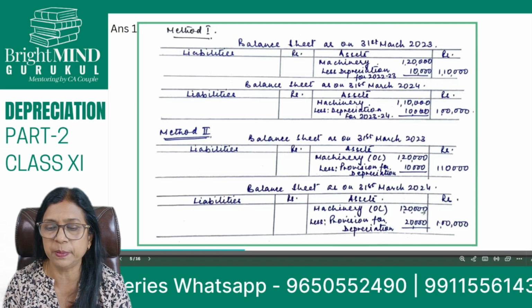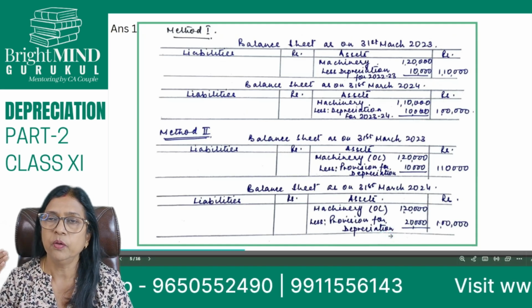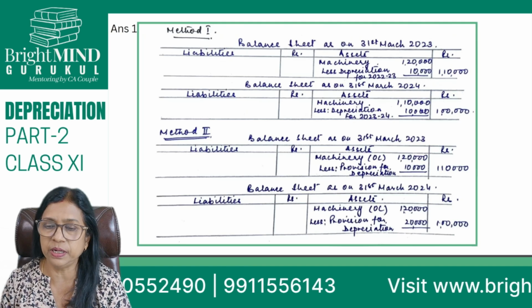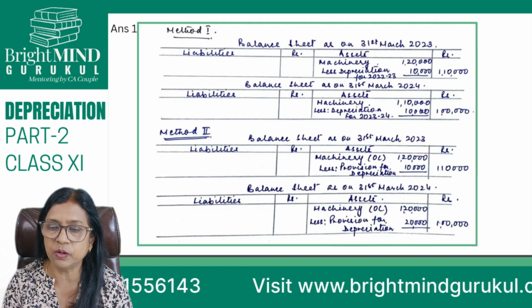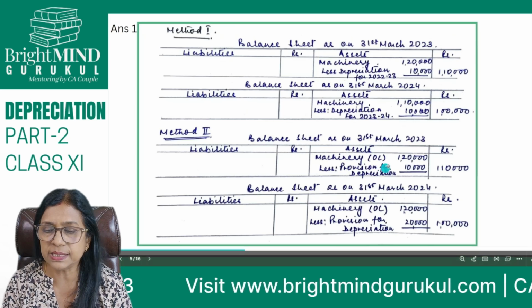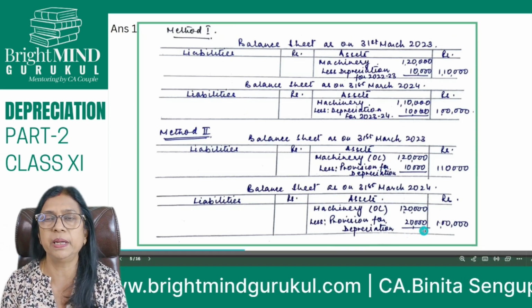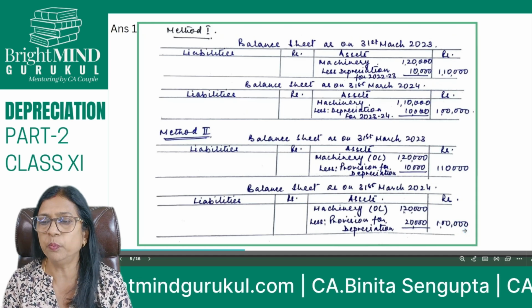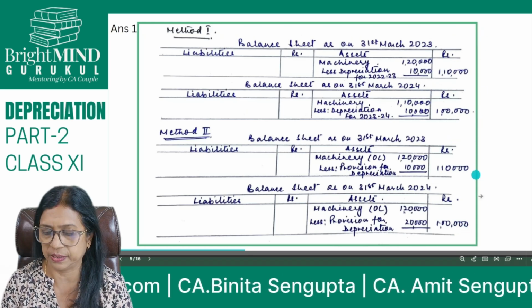Here the provision for depreciation will increase because this is an accumulated account where the depreciation every year keeps on getting accumulated. So previous year's 10,000 plus this year's 10,000 makes it 20,000. So the net balance shown in the balance sheet will be 1 lakh. In both the cases, the amount is the same, but the treatment is different.